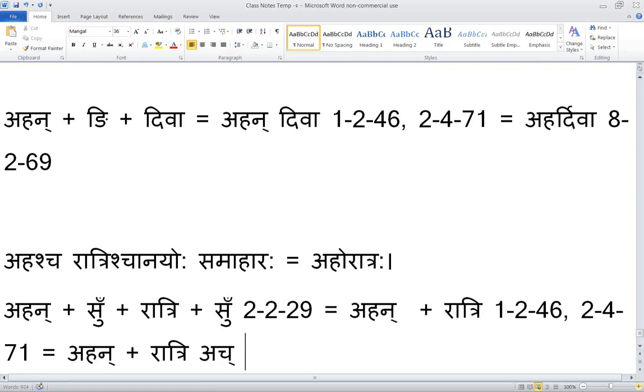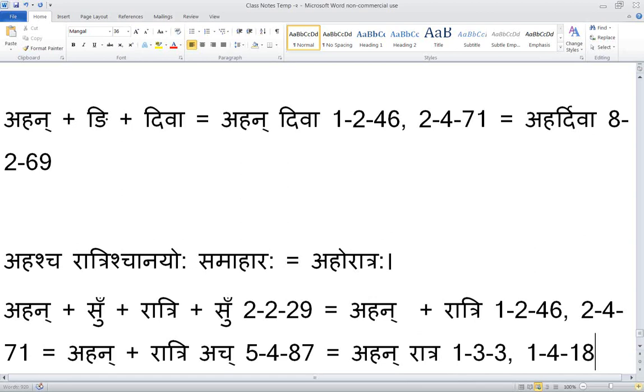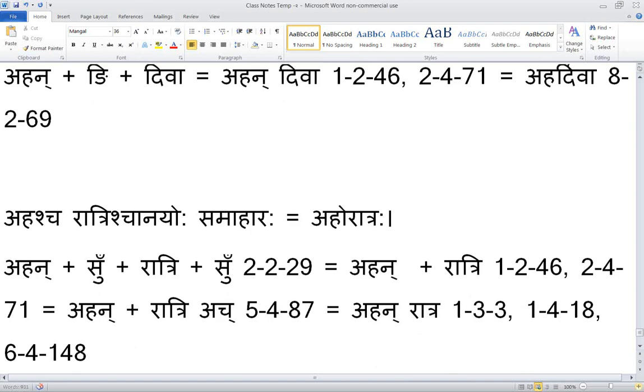Ach pratyaya by 5487, and then we are going to get the form ahan and then ratra. So we read the ikar lopa, of course the halankyam, followed by yasyeti cha, bhasanya, followed by yachibham bhasanya, then yasyeti cha.